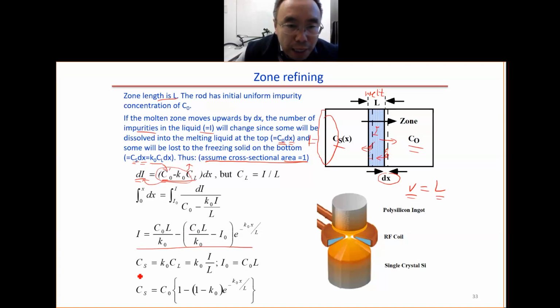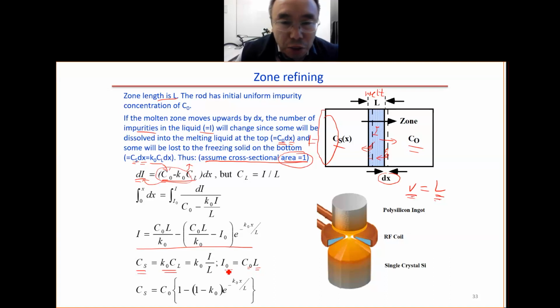We know that Cs is given by K0 Cl, and Cl is given by I over L. Since the area is equal to 1, L is the same thing as the volume, so I divided by the volume gives you the concentration C. So I0 equals C0 times L. This also makes sense.